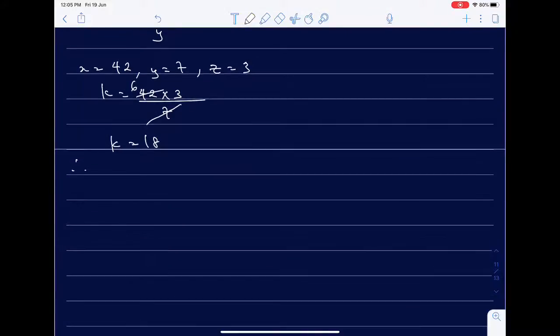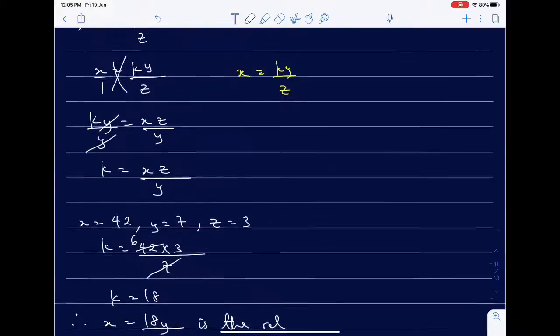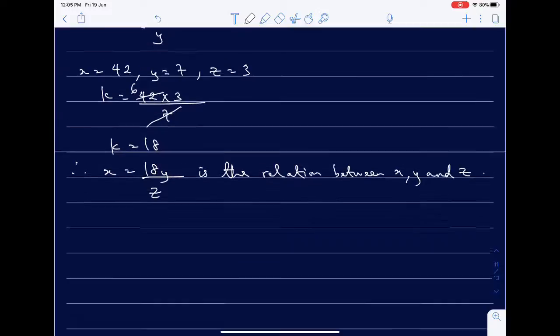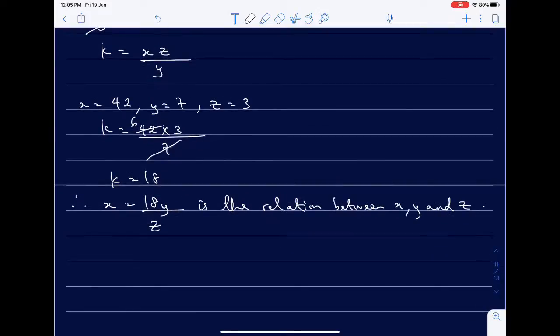So therefore, x equals 18y over z, is the relation between x, y, and z. That's it. Every time you have to find the relation, just find the value of k and put it in the equation that has all of the terms given, including z, and that's it.